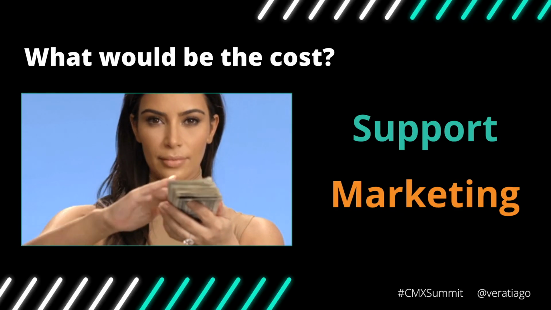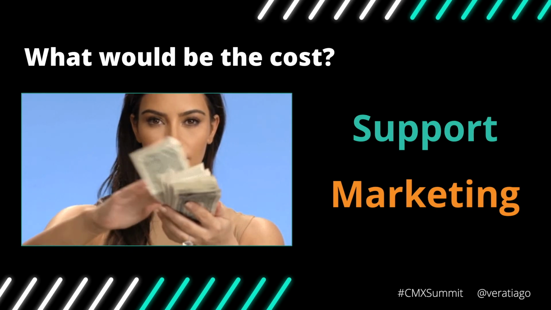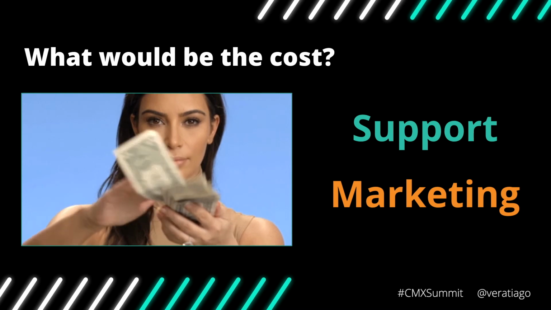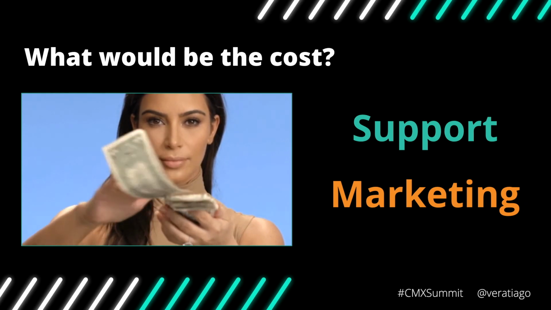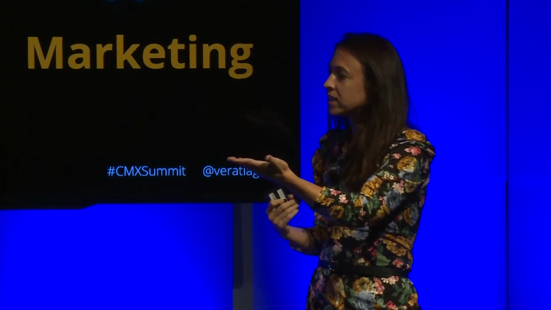But what is important? I won't do any math, okay, I'm not good at math, but a good starting point for showing the ROI is to look into the metrics that you are collecting, and ask yourself, what would be the costs from your support team or from your marketing team to achieve all of what these guys and girls are doing, okay?